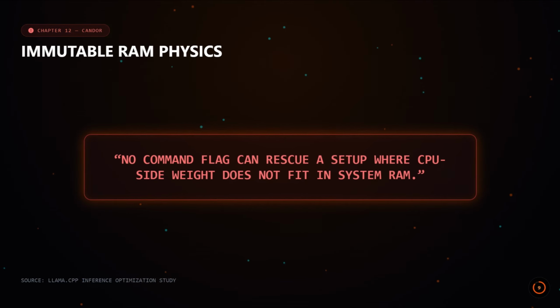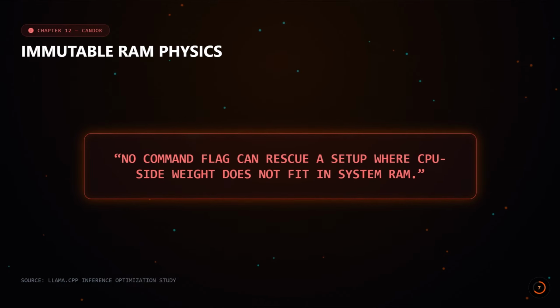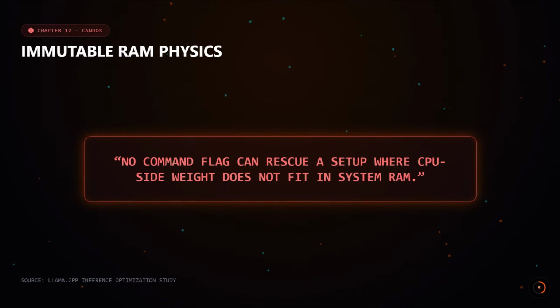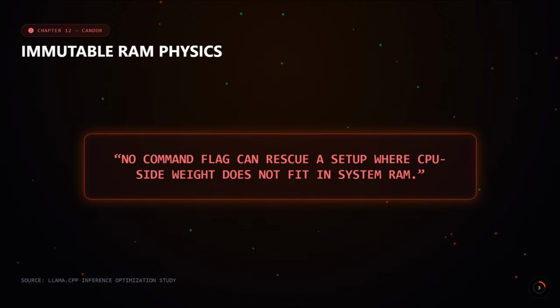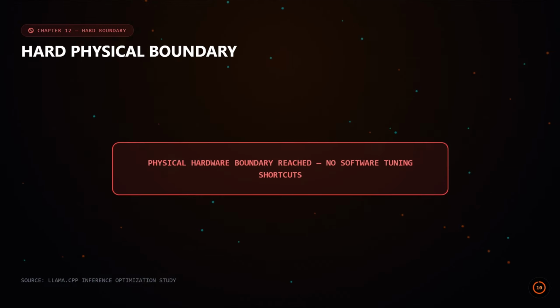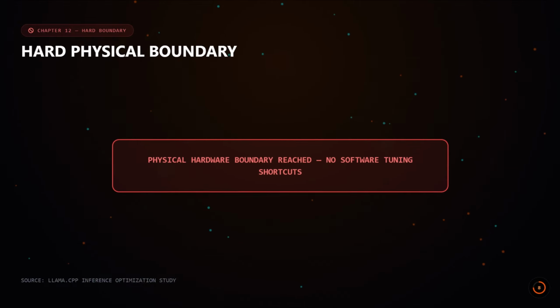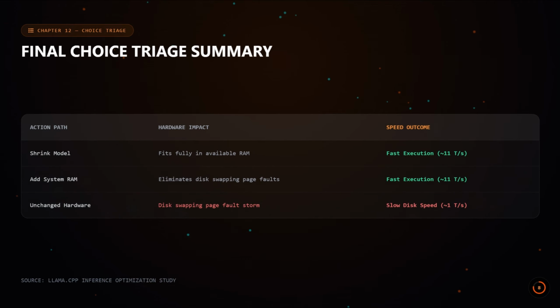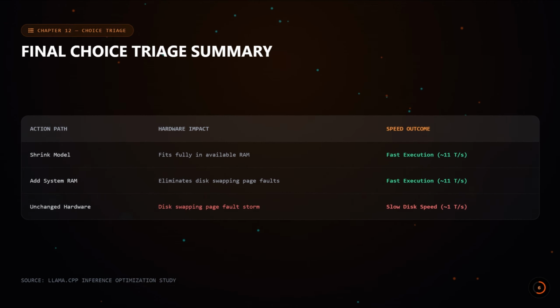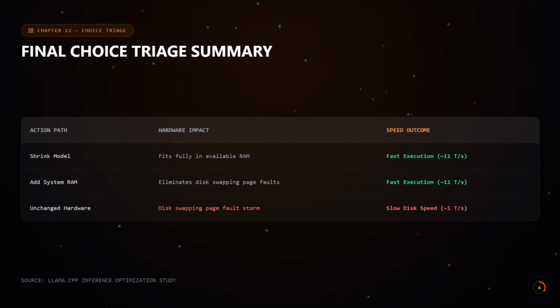I want to be direct about this because most guides are not. No flag combination rescues a setup where the CPU side weight does not fit in RAM. You are not tuning your way out of that one. You are shrinking the model, adding RAM, or living with a number closer to 1 token a second than 11.